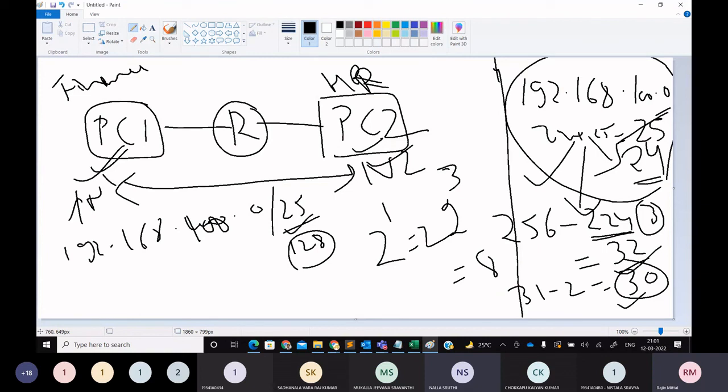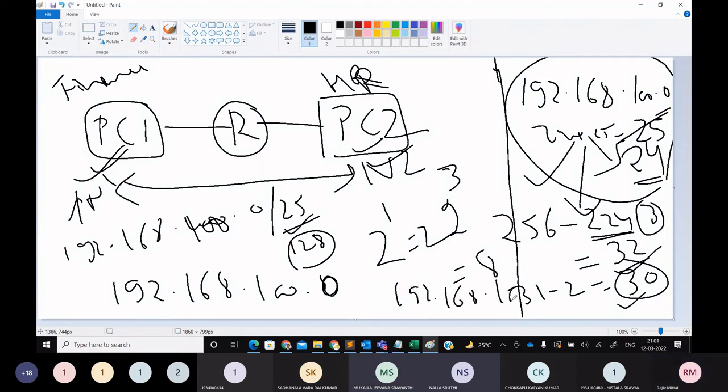So what will the 2 networks be? One will be 192.168.100.0, and the second will be 192.168.100.128. These 2 networks will be built.